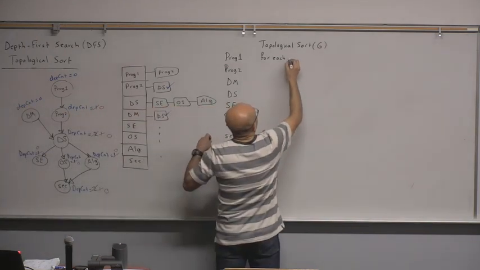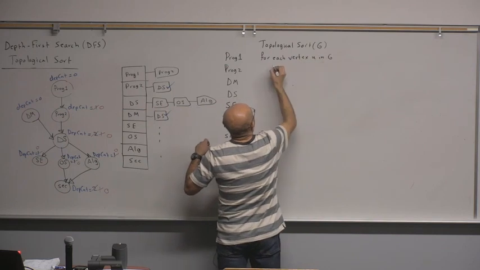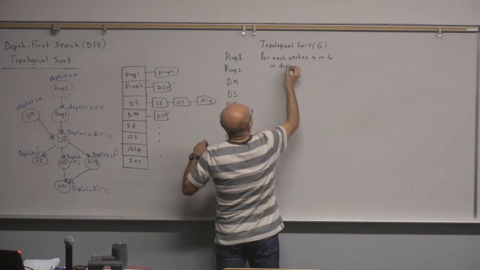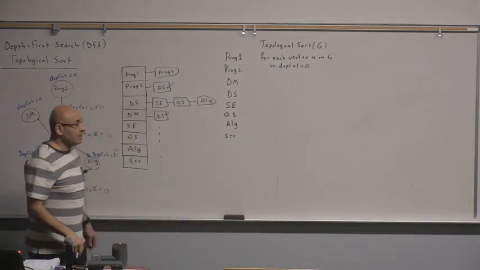So for each vertex u in G, set u dot dependence count to 0. Just initialize them all to 0.